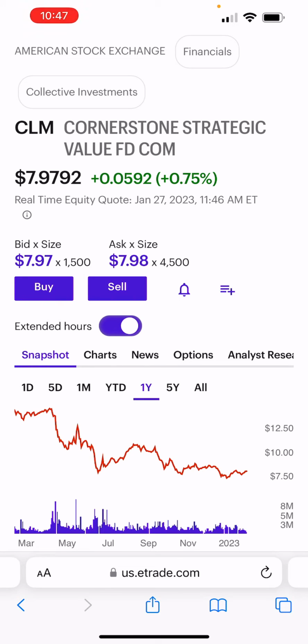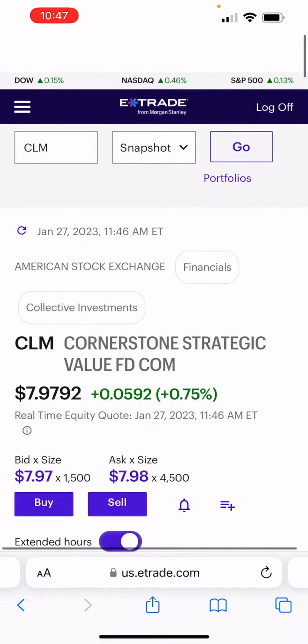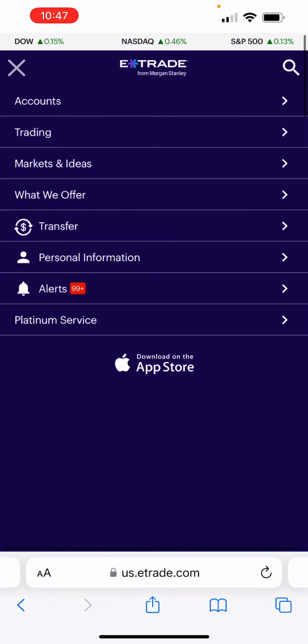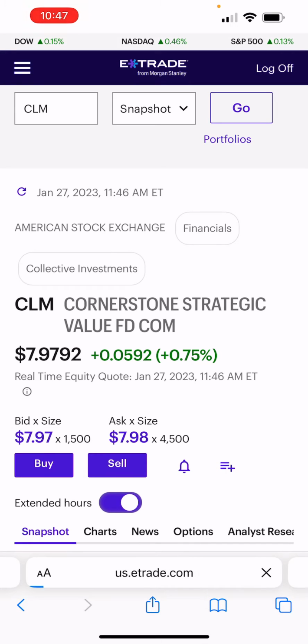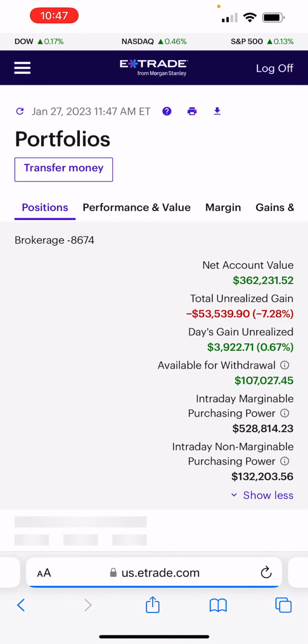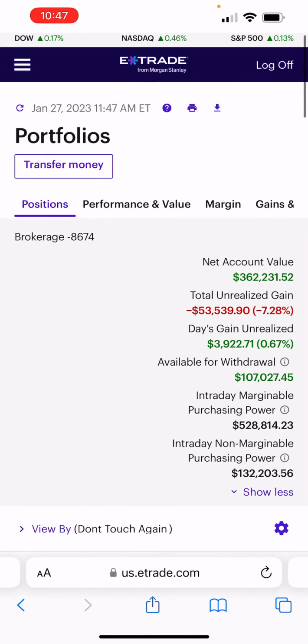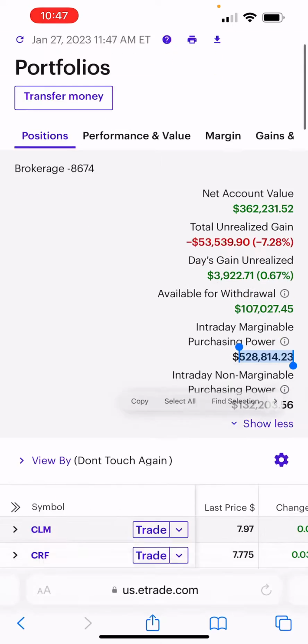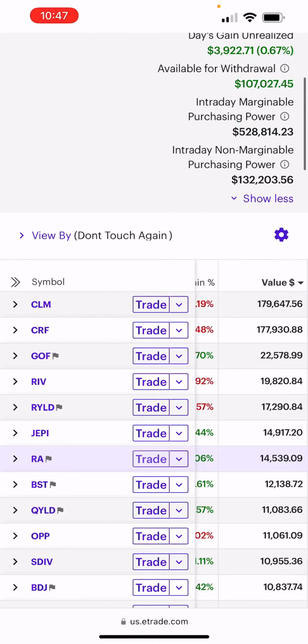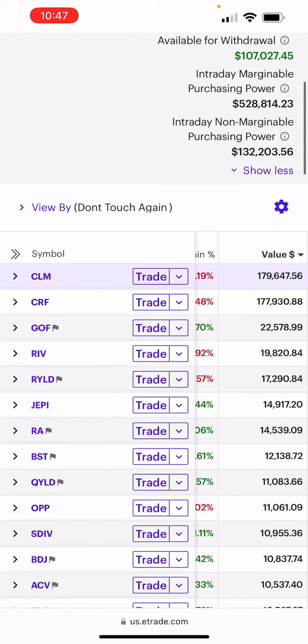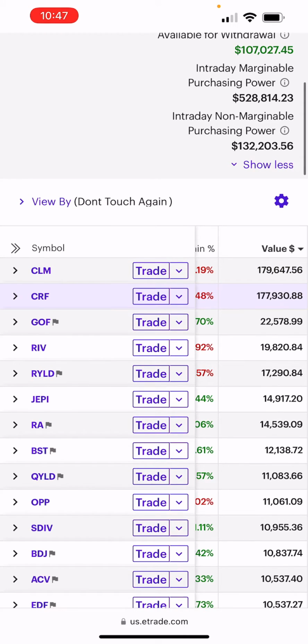But anyway, back to the margin rate. You use these brokerage accounts to get ahead in life by using your margin, your purchasing power here, to invest in dividend-paying names such as Cornerstone, CLM, CRF, as you see above.